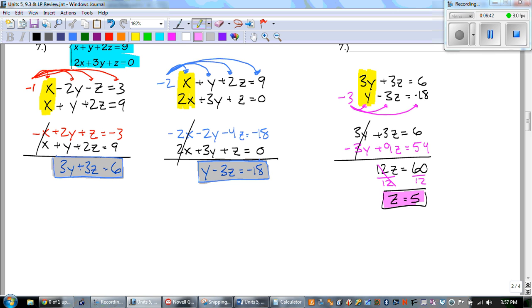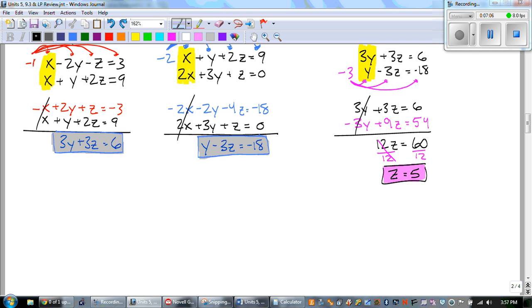Sweet. Good. But we're not done. Now that I know what z is, I'm going to work backwards. I'm going to come back and plug it in so then I can figure out what y is. So I'm going to use this equation right here because y is already by itself.